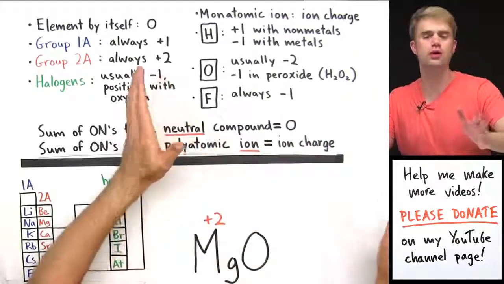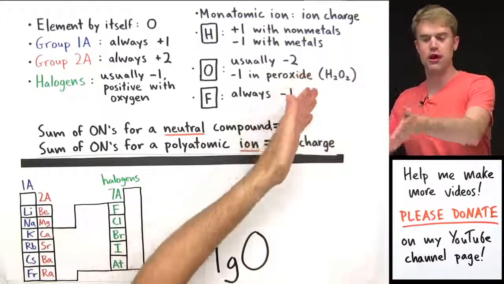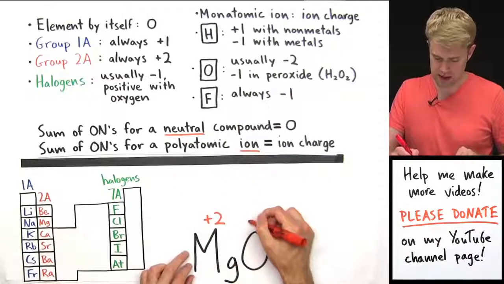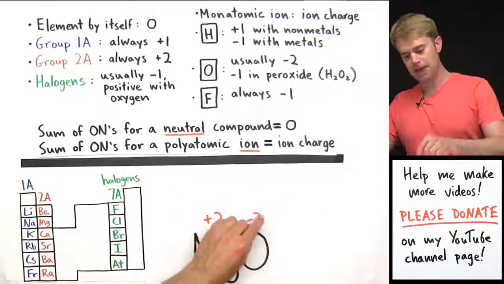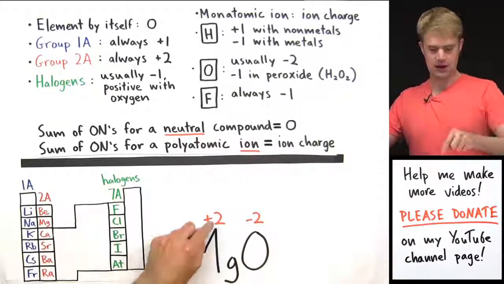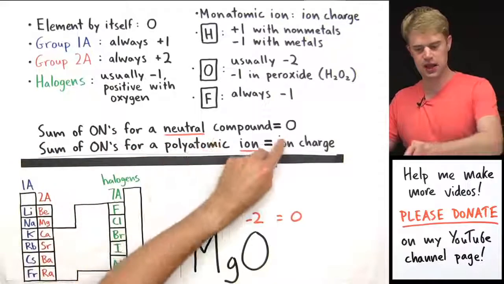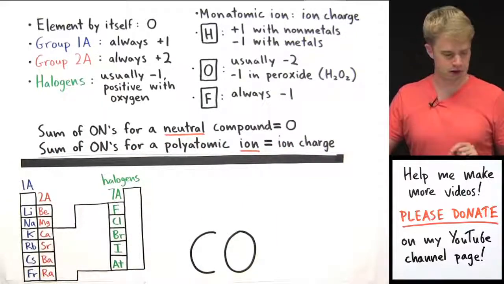It's probably the only one you'll ever see. But anyway, this oxygen is definitely not in hydrogen peroxide, so it's fair to say that its oxidation number will be -2. +2 for Mg, -2 for O, and they add together to make 0 because this is a neutral compound.